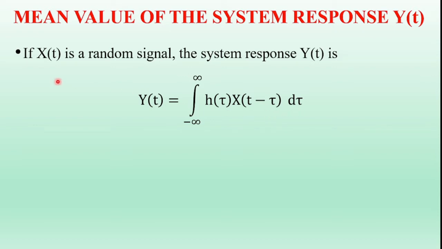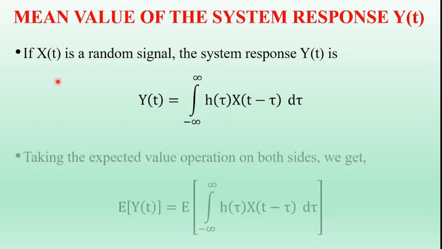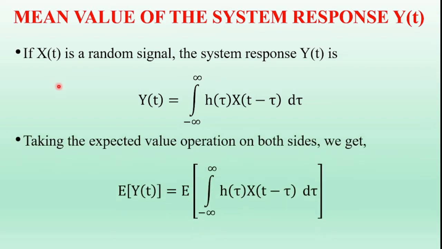So now here x(t) is the random signal, that is the input to the system. In this equation, take the expected value on both sides. Taking expectation on both sides, we get the expectation of the LHS term equal to the expectation of the RHS term. So that is the expectation of y(t) is equal to, on the RHS, applying the expectation to the input signal.